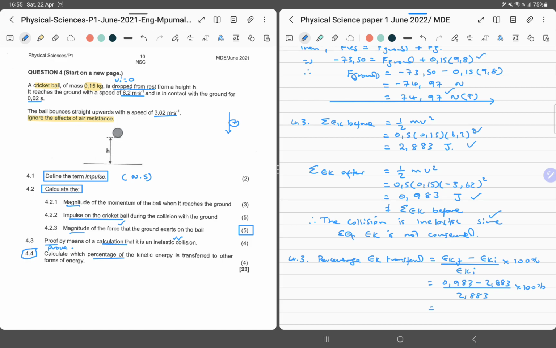Because these are scalar quantities, we don't even need to do this one. This formula must be adjusted a bit. So we're going to say EK final minus EK initial. Remember, we're taking from the initial and we're taking that final.